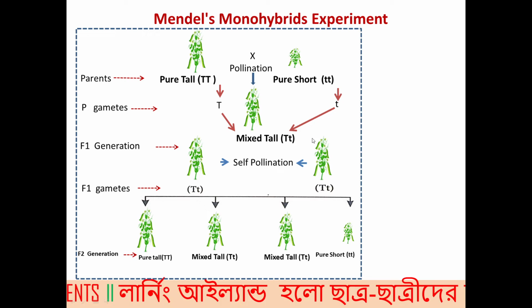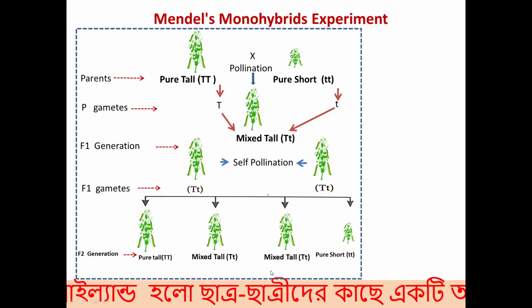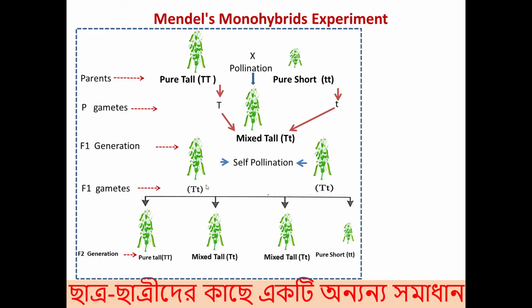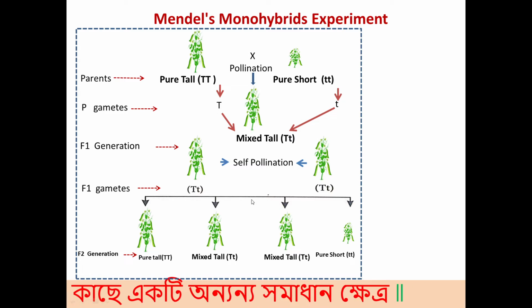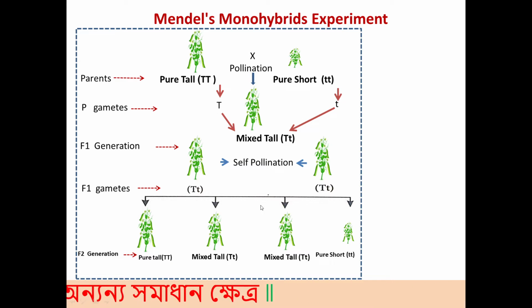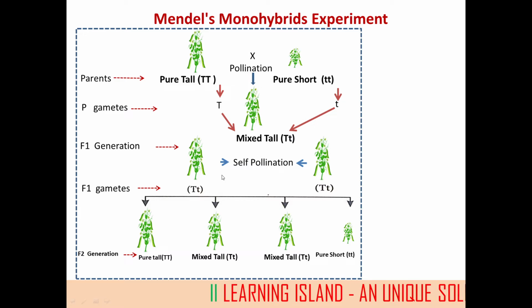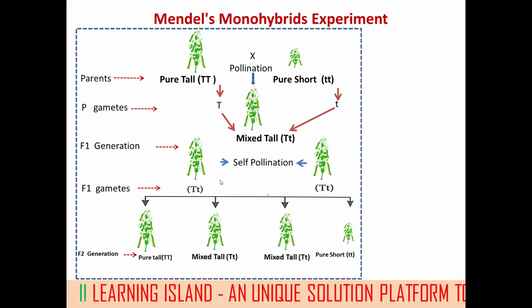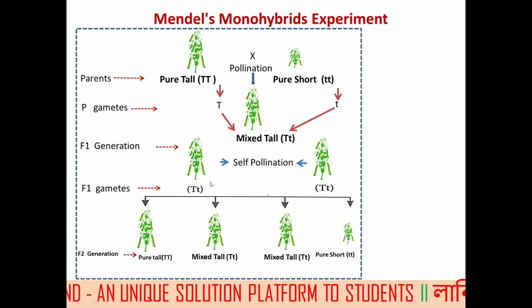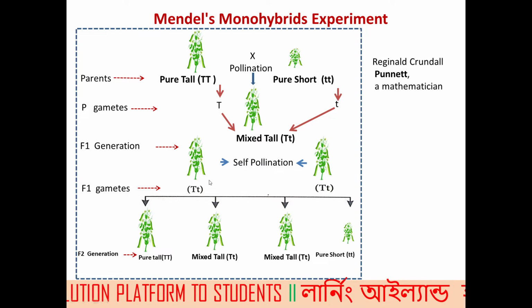Now to get these four types of plants, after making the self pollination between these two gametes, to find it out easily, the mathematician Punnett has made mathematical calculations in a square form. This is called the Punnett square.